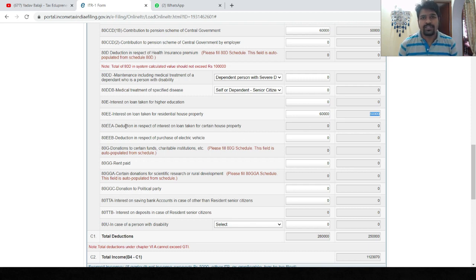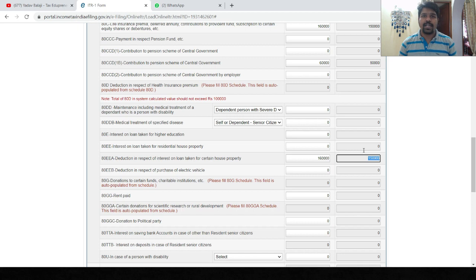Now in the last financial year 19-20, one more new section came, where you can claim a deduction on a housing loan for house property. There are certain rules and conditions also. You have to check those rules and conditions, and based on that you can claim. In this deduction we can claim interest up to 1,50,000.